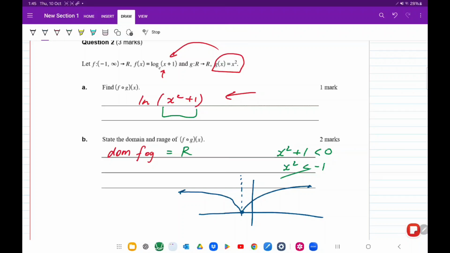So what happens is that now we can evaluate the range of f of g, and we can see that everything above there, inclusive of 0, is a potential answer. Okay. So in this case, the fact that it's squared means that yes, we can evaluate at x equals 0, but in this case, we just have to be careful of whatever's inside the brackets.